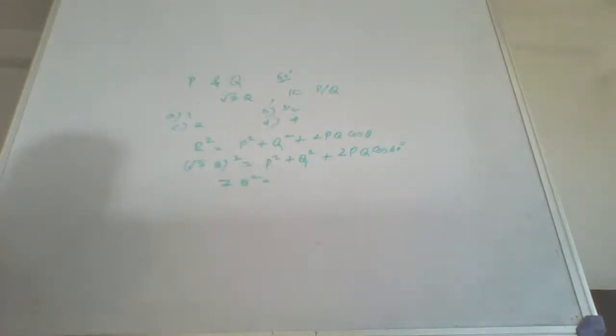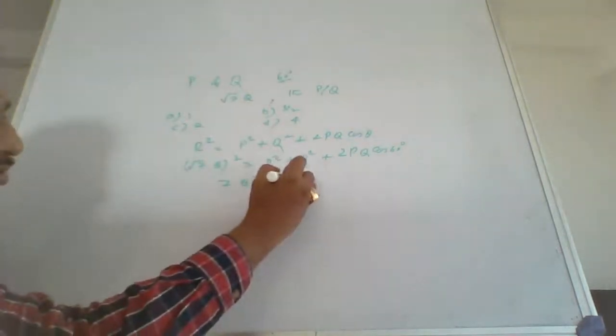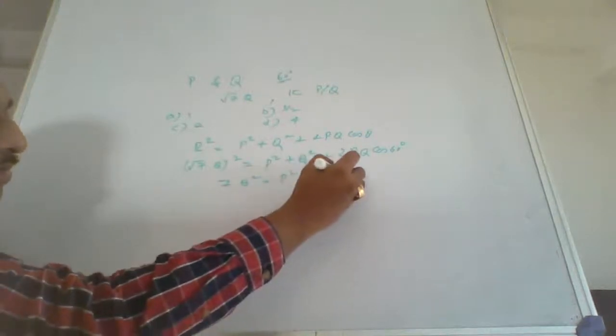Now if I simplify it, cos 60 is 1 by 2, so I get 7Q square is equal to P square plus Q square plus PQ.